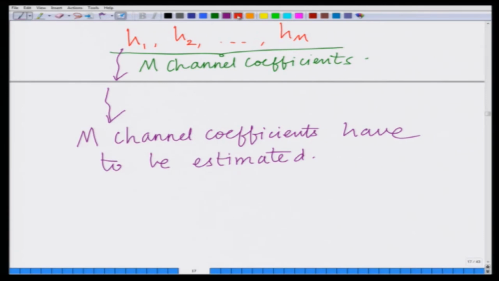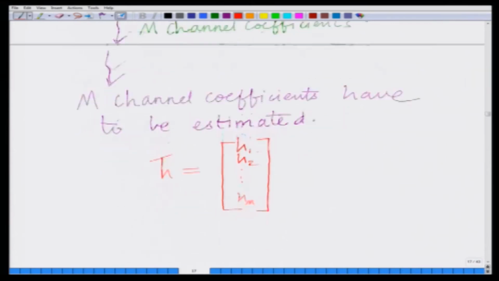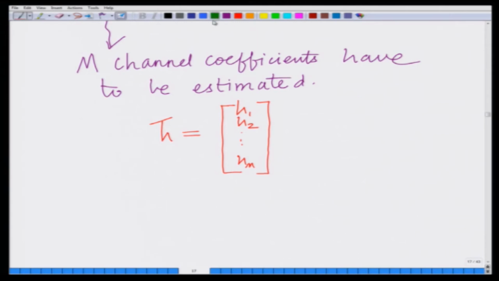Okay. So, now these M channel coefficients can be denoted by the vector H bar equals H1, H2 up to HM.